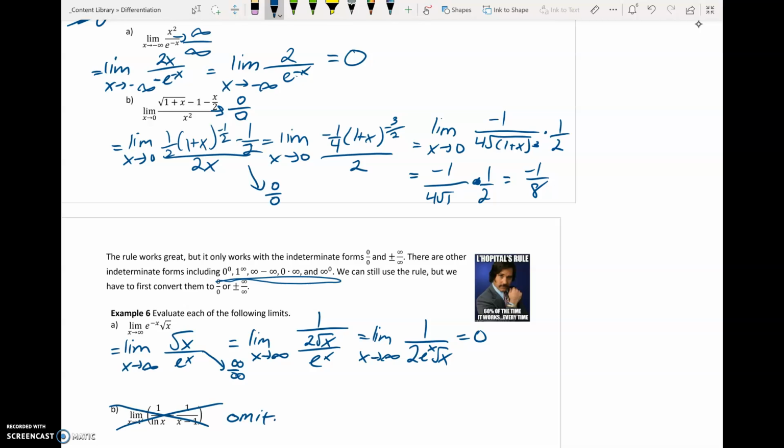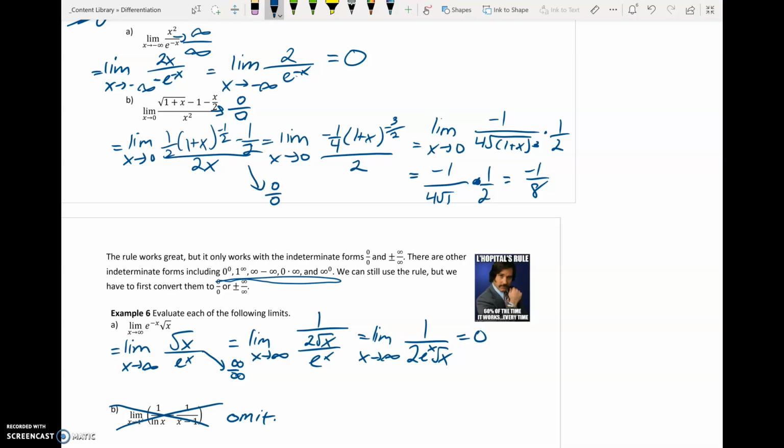And that means we can use L'Hopital's rule. We'll find the derivative of root x, and then we'll find the derivative of e to the x, simplify, and then evaluate it. So 1 over a really large number is 0, so your final answer is 0.